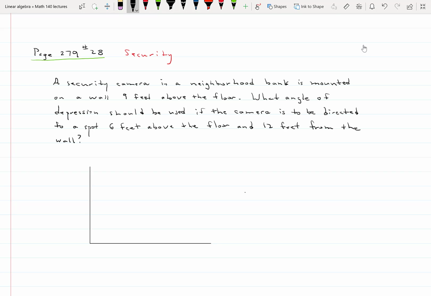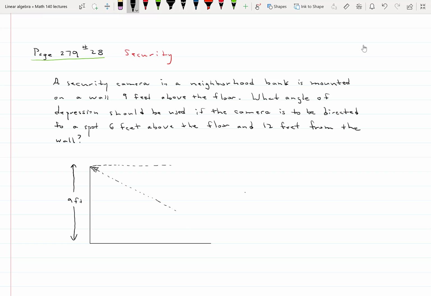So here's our camera, mounted 9 feet above the floor. What angle of depression should be used? The angle of depression, remember, is measured off the horizon downward.